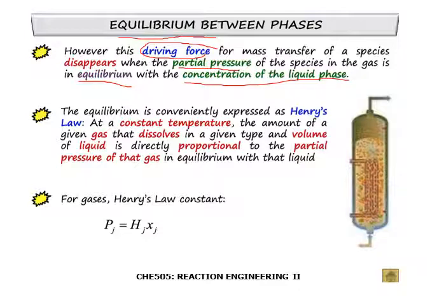Here we use Henry's law, whereby at constant temperature, the amount of a given gas that dissolves in a given type and volume of liquid is directly proportional to the partial pressure of that gas in equilibrium with that liquid. This is Henry's law. The partial pressure is equal to Henry's constant times the amount of gas dissolved.